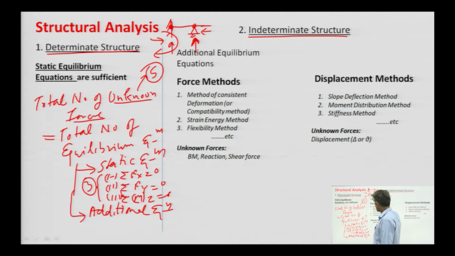But if an internal hinge has been provided here, then how many equilibrium equations will there be? 3 plus 1. Due to the internal hinge, the bending moment here will be 0, so it will have 3 plus 1, meaning 4 equilibrium equations. So, total number of unknowns is 5, and the total number of available equilibrium equations in this case is 4.